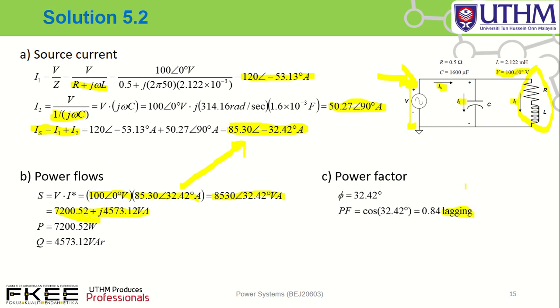You can determine according to the total Q. In this case, our Q is positive, which means the total load is an inductive load. So when we have an inductive load, our power factor is a lagging power factor. Is it clear? If we have a negative Q, for example, our power factor is a leading power factor.